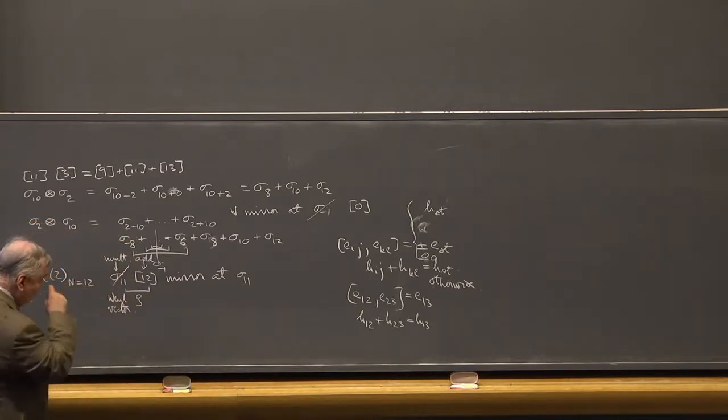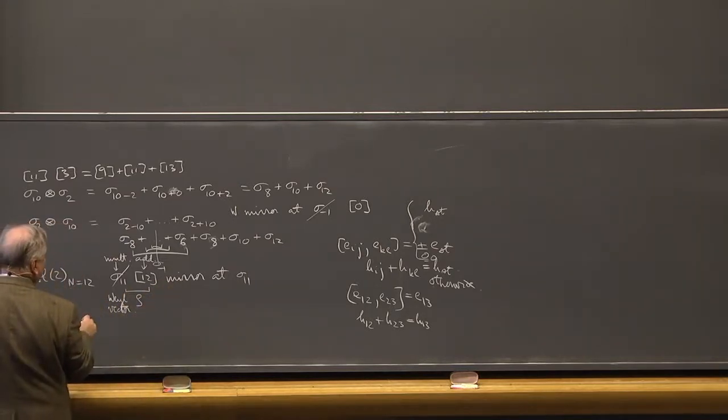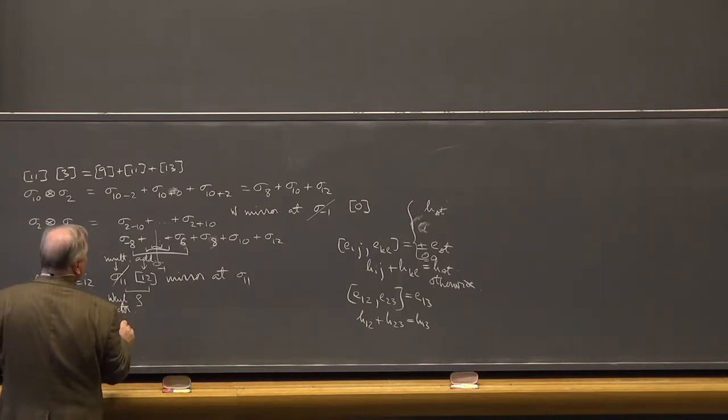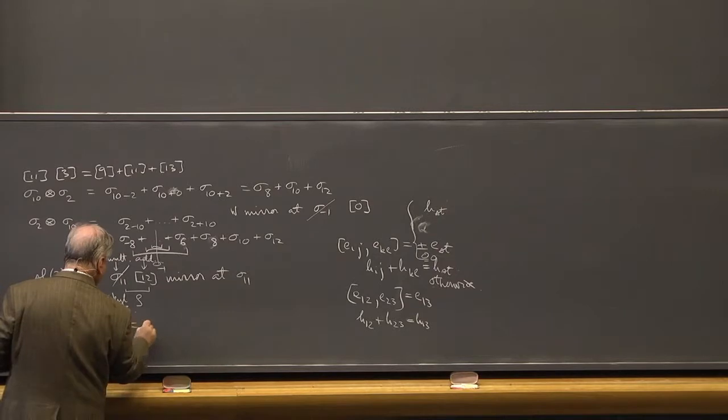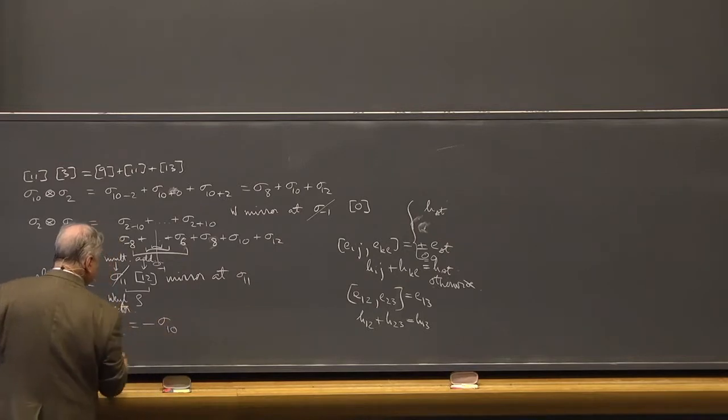Now, let's look again here. If you have a mirror at sigma 11, in this case, sigma 12 would be equal to the negative of sigma 10, yes?